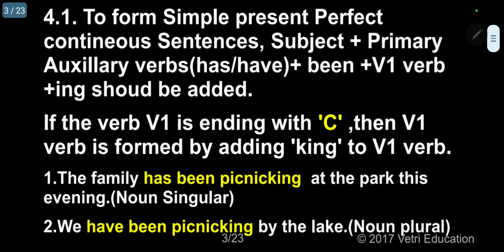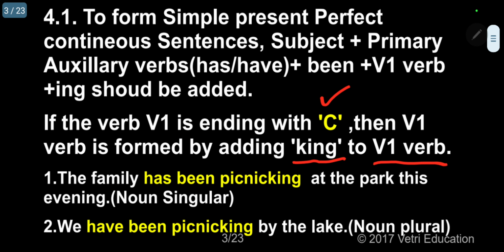If the present verb V1 ends with C, then the V1 verb is formed by adding king to V1 verb. This is the rule, in addition to subject plus auxiliary verb plus been.